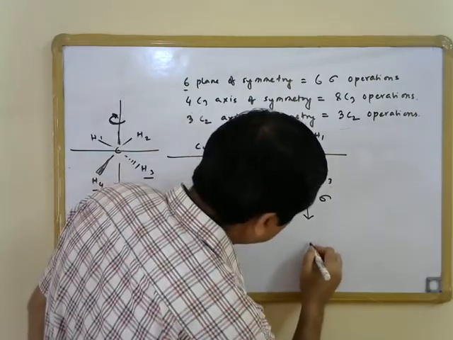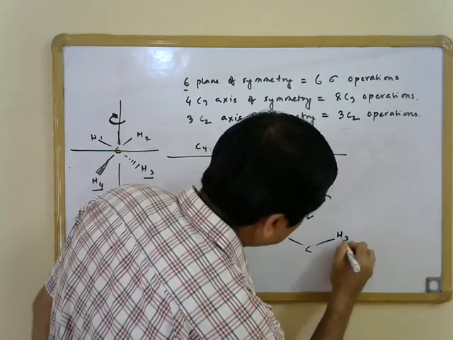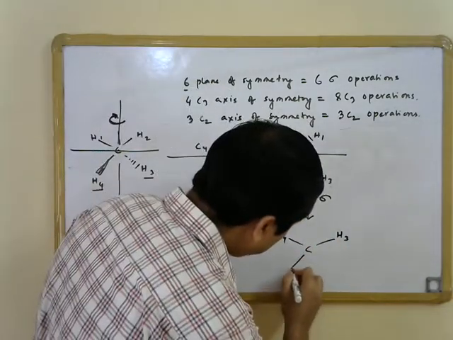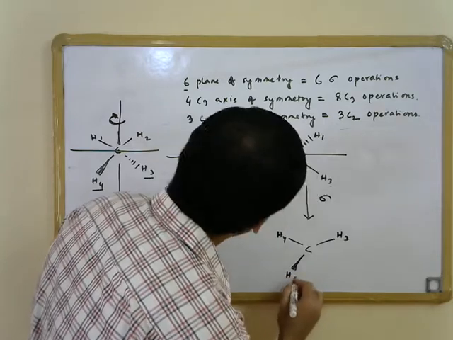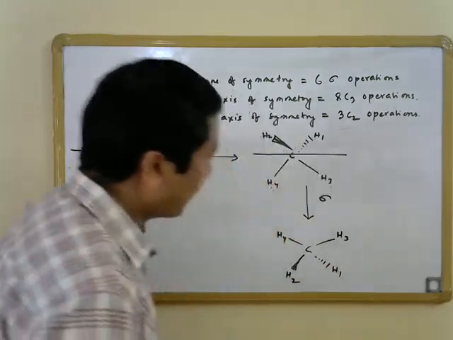So the final configuration that we are going to get is that H3 and H4 will go to the top, while H2 and H1 will be over here.